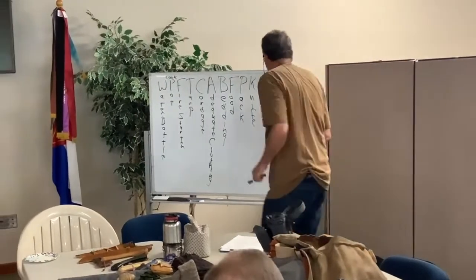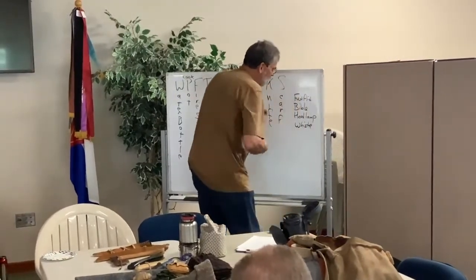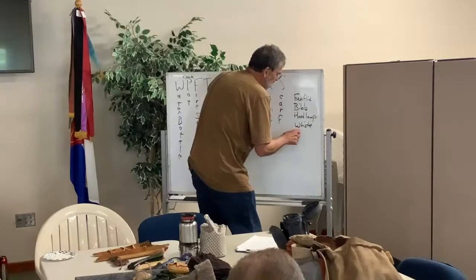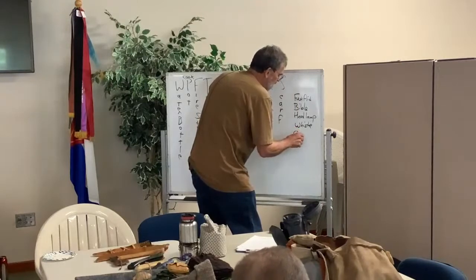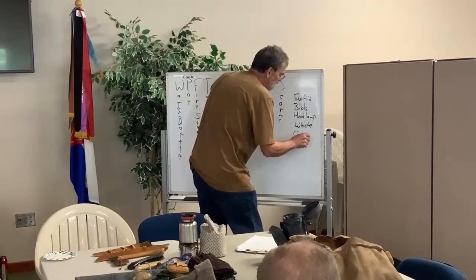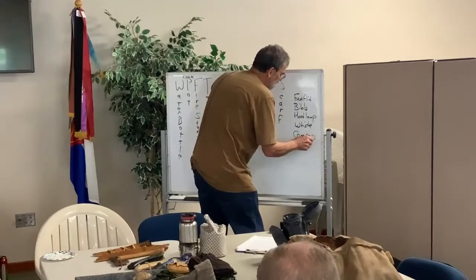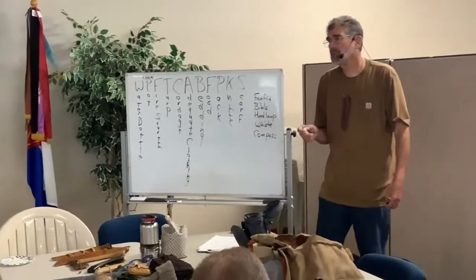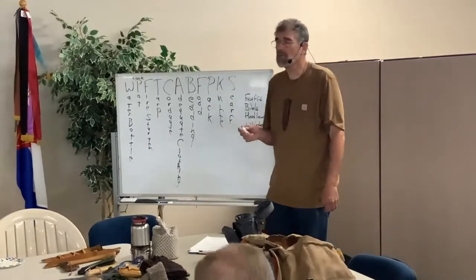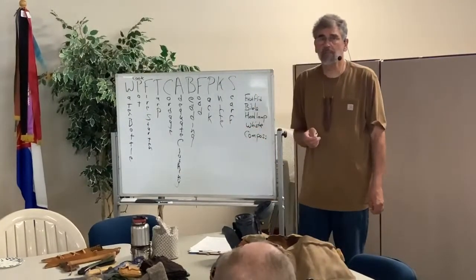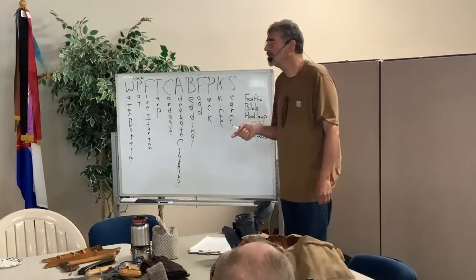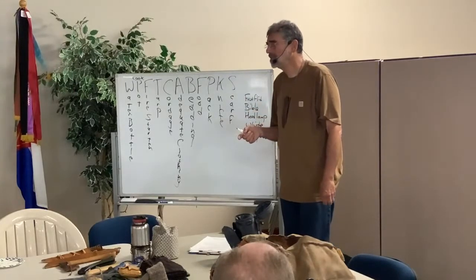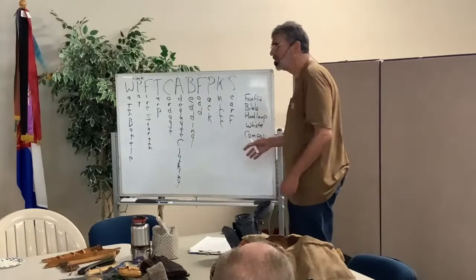Okay, three more things. A compass. Learn how to use the compass. Compass doesn't tell you where to go. It simply tells you which way's which. You have to know which way you want to go. Again, learn how to do it. Don't get all fancy with that.